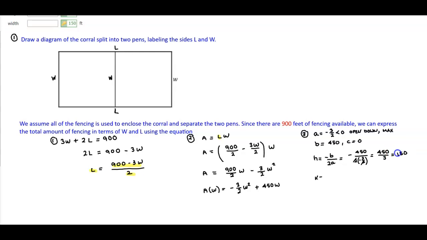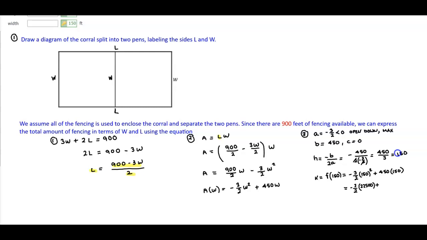Now we need to find the value of k. The value of k is f of 150, so we plug it into our function. We have negative 3 over 2 times 150 squared plus 450 times 150. If we take 150 and square it, we get 22,500.